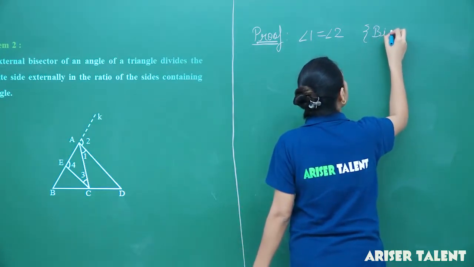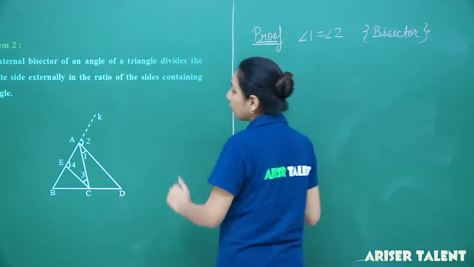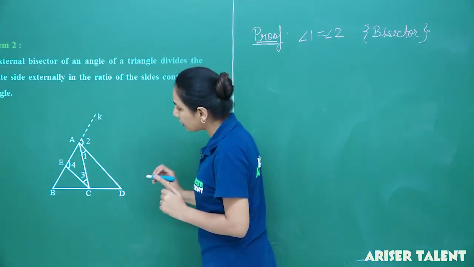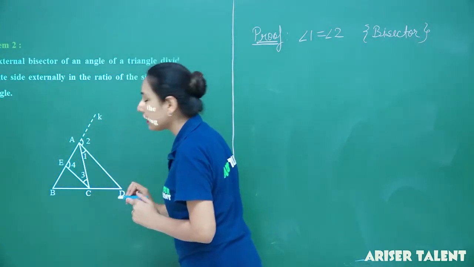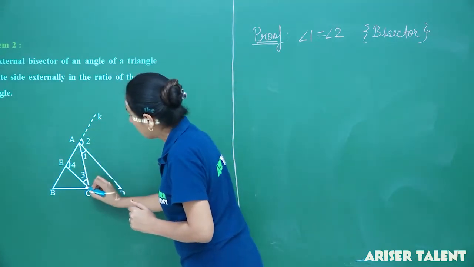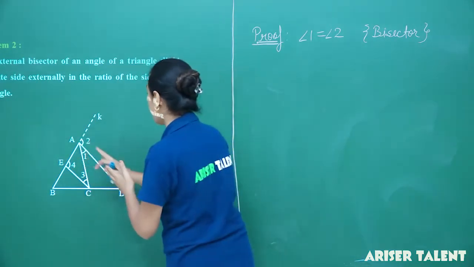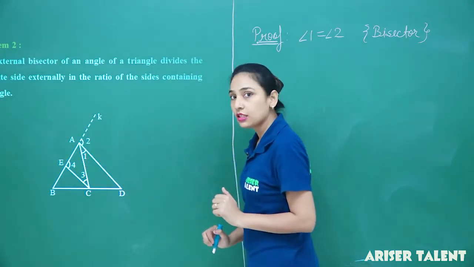Because it's bisecting, so it's a bisector. So angle 1 is equals to 2. Now what we have done, we have this line AD, okay. So we will draw a line EC such that EC is parallel to line AD, okay.